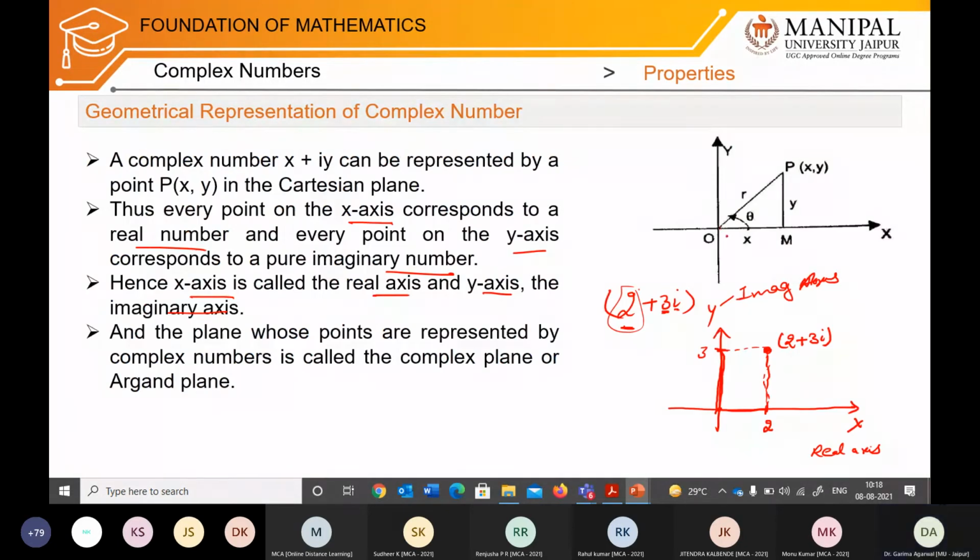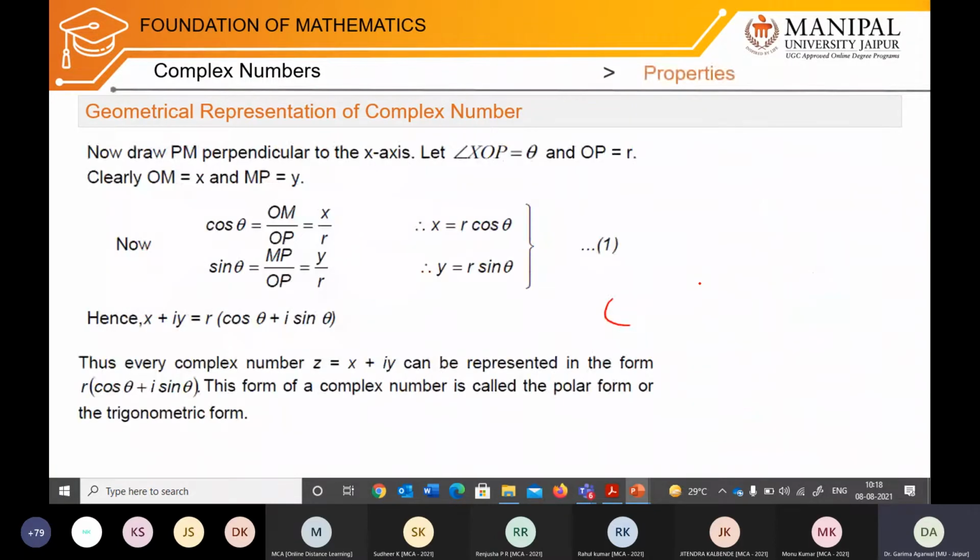If we connect this point to the origin, the line is known as r, the radius vector. The angle between the radius vector and the x-axis in the anti-clockwise direction is known as theta, right? Now what will be the value of cos theta?